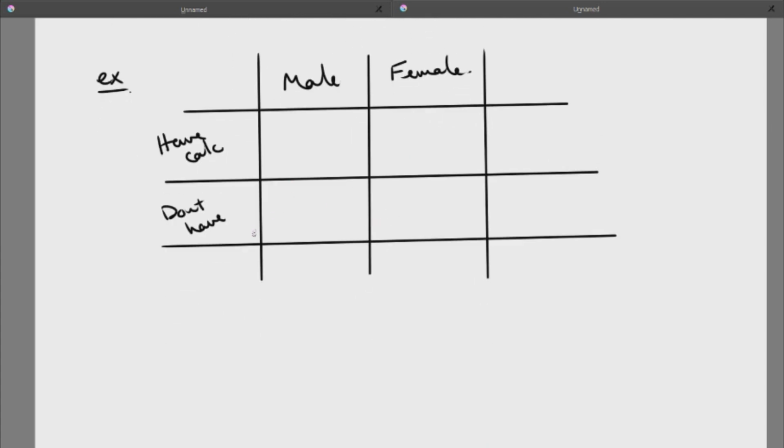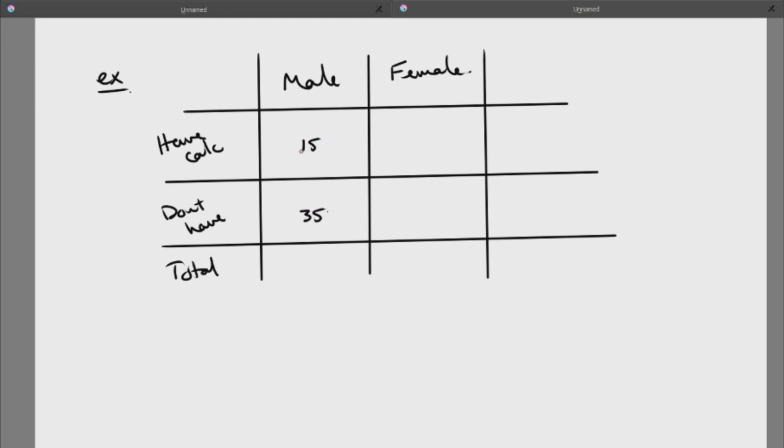And let's put some numbers in here. Let's say we have 15 males with a calculator. Let's say we have 35 males that don't have a calculator. And then we can have a total column here. That's going to be, oh, I don't want 50. Backtrack.